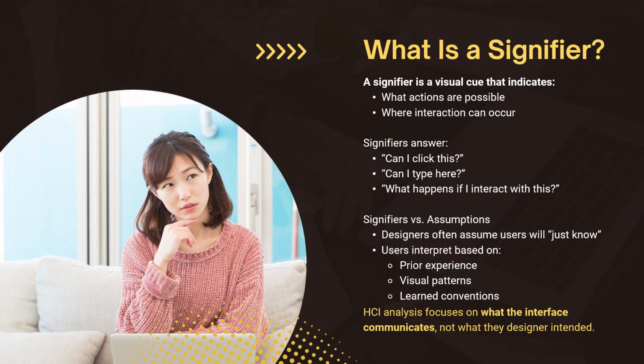Signifiers don't explain everything. They just give users enough information to make reasonable decisions. When signifiers are clear, interfaces feel intuitive. But when signifiers are weak, missing, or misleading, users feel confused, frustrated, or even stuck.